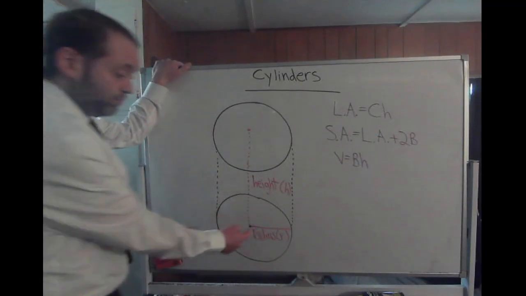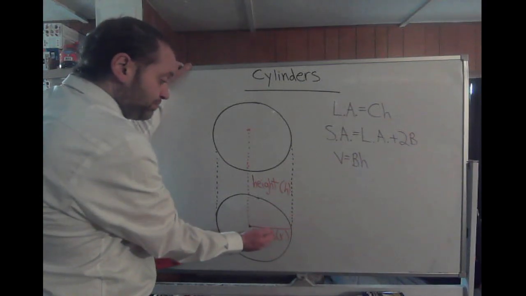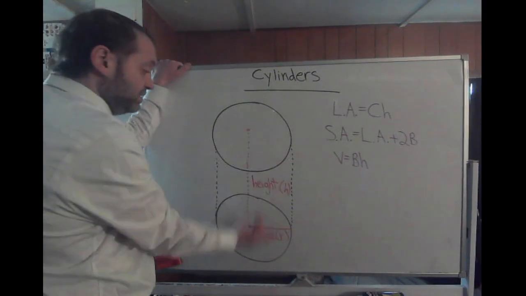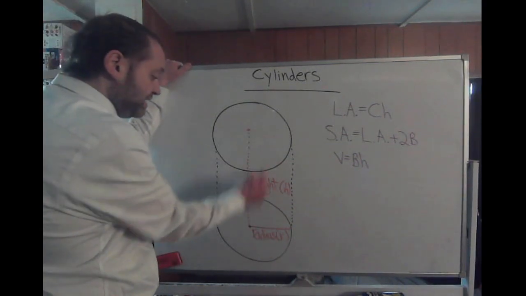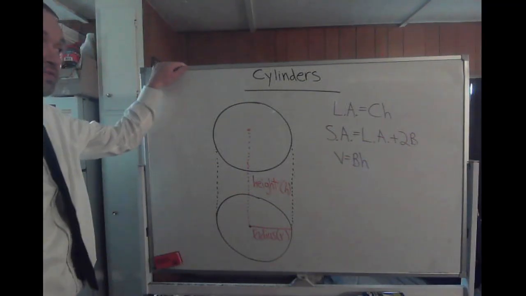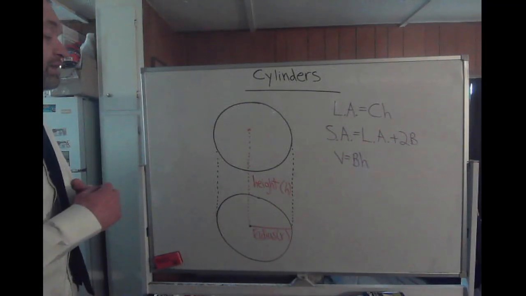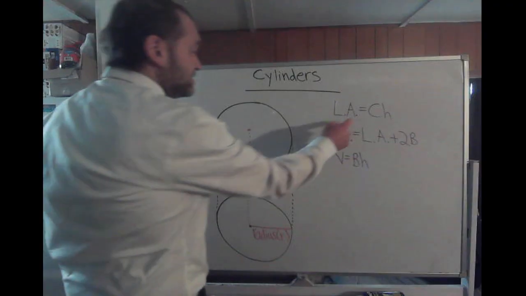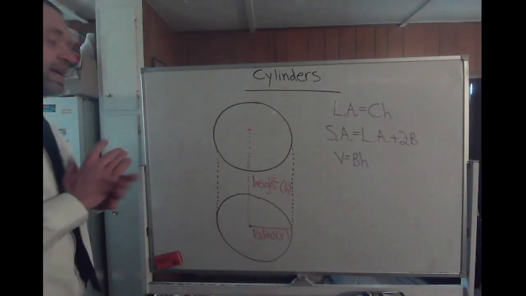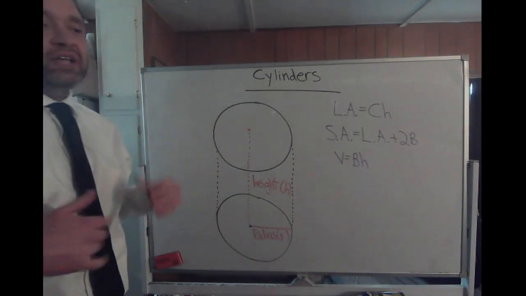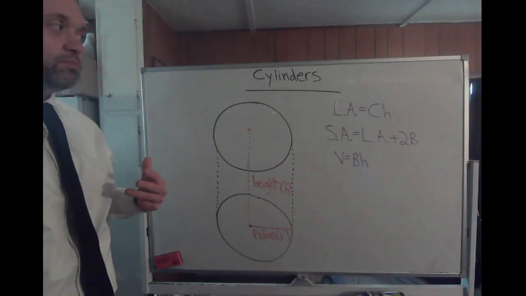Of course, you have the radius of the circle, and then you have the height of the cylinder. Going from one base to the other base is the height of the cylinder. Now, to find the lateral area of a cylinder, it's largely like the lateral area of a prism.